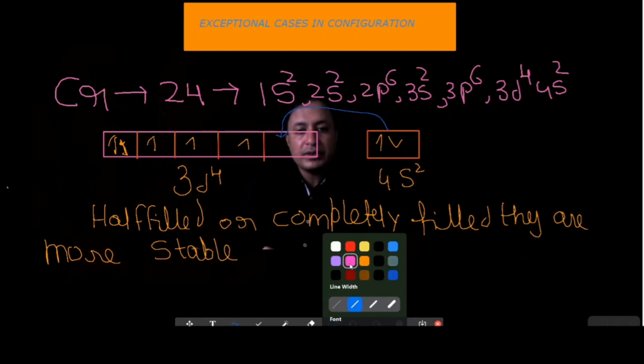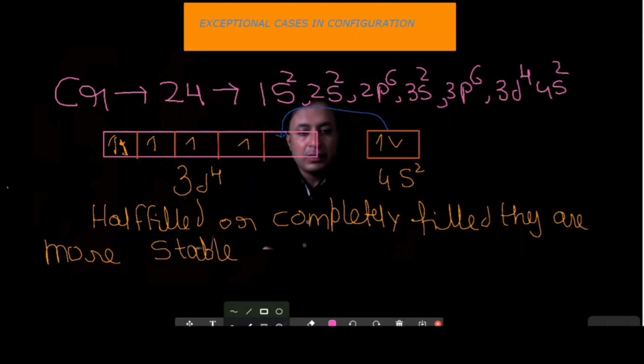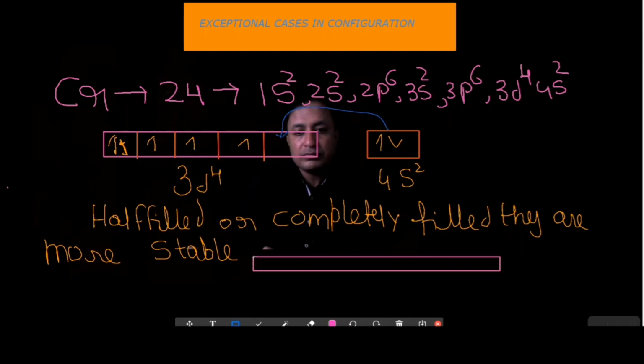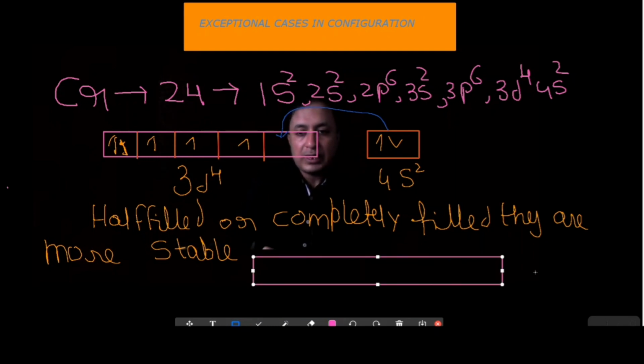Now because of this, what can happen? The 3d orbital, which has 4 electrons, and the 4s orbital, which has 2 electrons, their configuration is going to change, because one of the electrons from the 4s is going to jump into the 3d orbital.